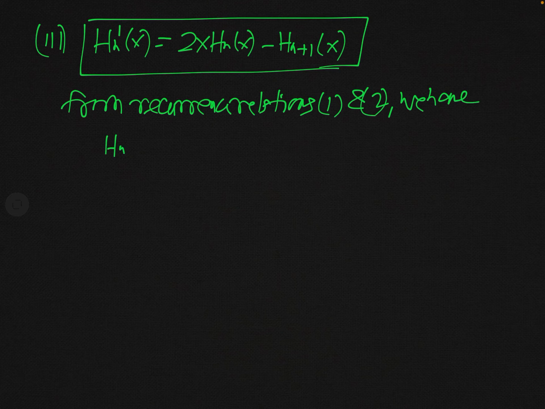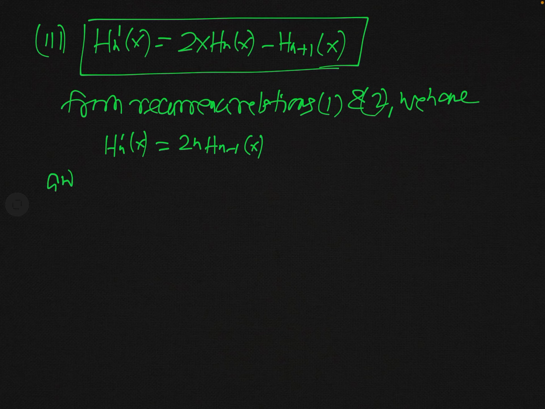According to the first recurrence relation, you can write Hn prime of x equal to 2n times Hn minus 1 of x. You can see Hn prime of x is equal to 2n Hn minus 1 of x.